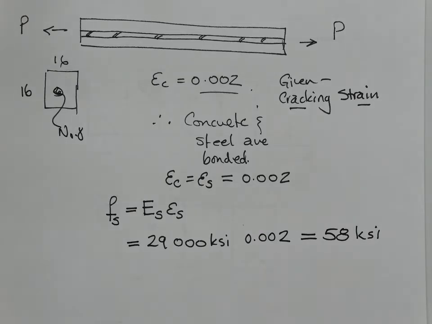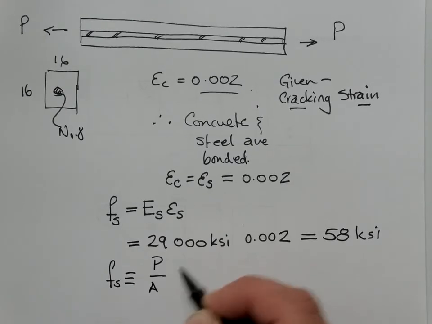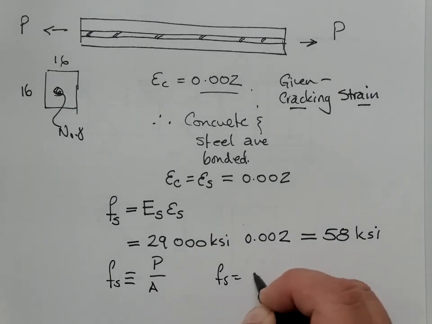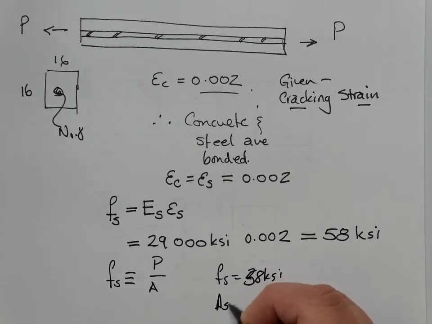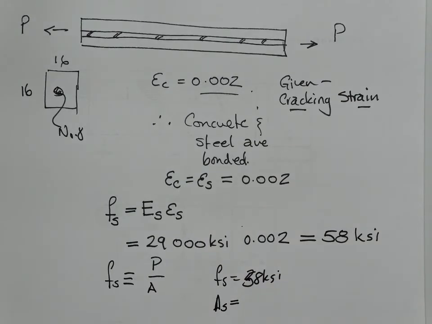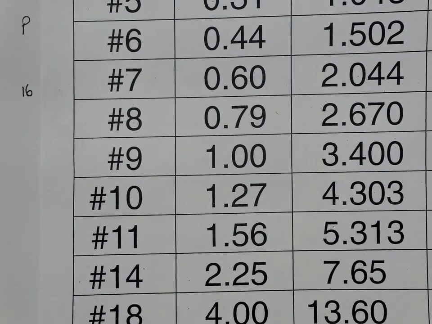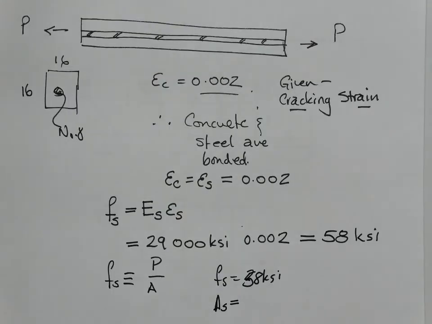The purpose of this is to make sure you can go back and forth between stress, strain, and force. So we know that the stress is defined as load over area. And in this particular case, Fs is equal to 58 kips per square inch. The area of a number 8 bar is 0.79 square inches.